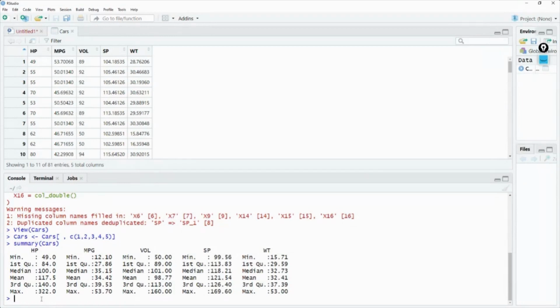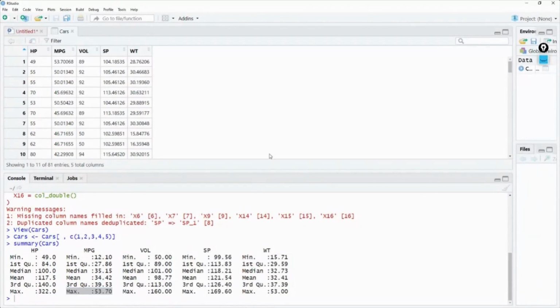You have the horsepower, mileage, volume, top speed, and weight. Now, you're interested in predicting mileage. You know the minimum value, maximum value, mean, median, first quartile, third quartile, so on and so forth.